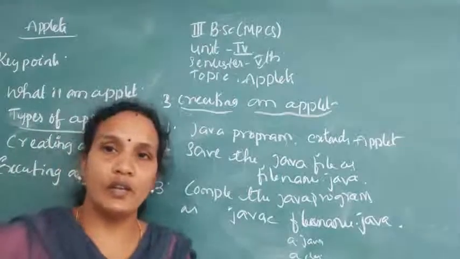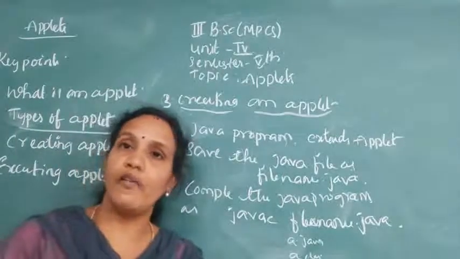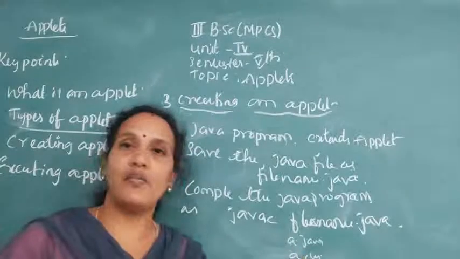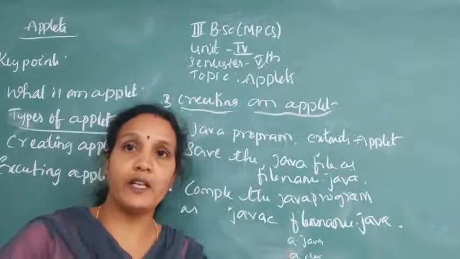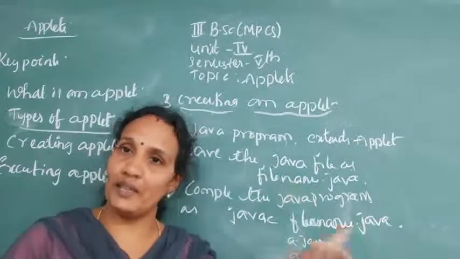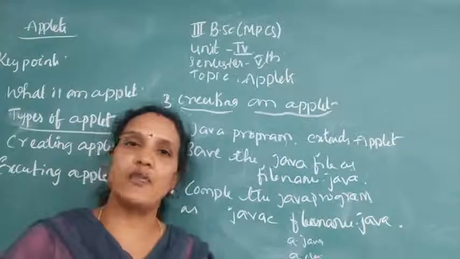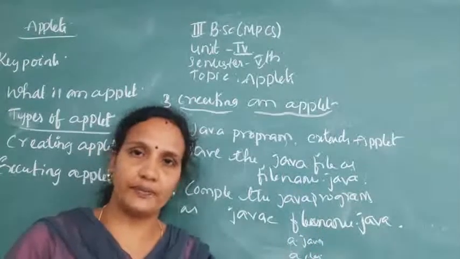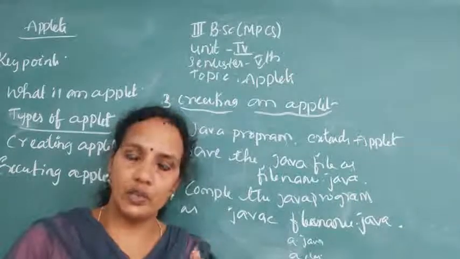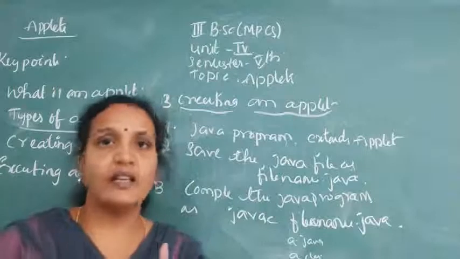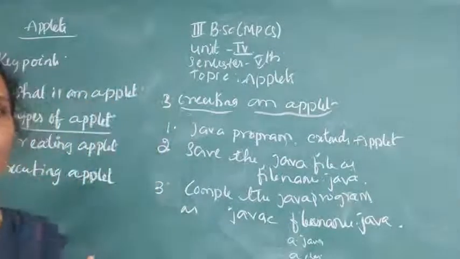If there is no error, in the same location where you created the Java file, a class file is generated. It is very, very important because when you add a Java program inside the browser, this class file is mandatory. So if there is no error in the Java program, which file will be generated? The class file. And that class file is very, very important.